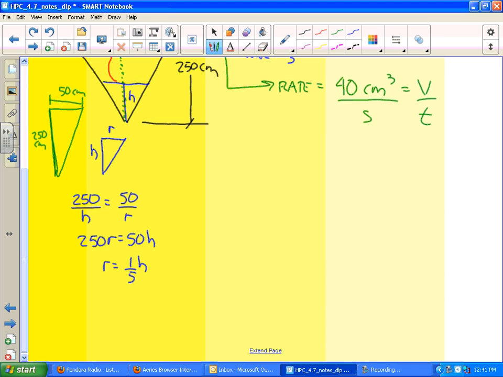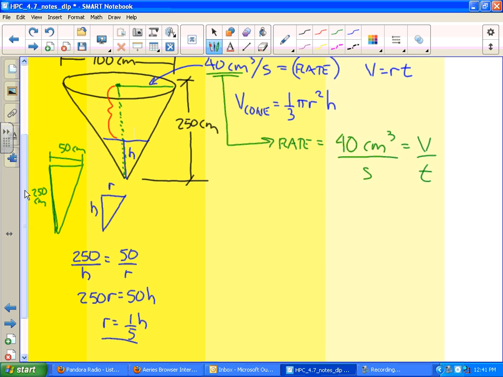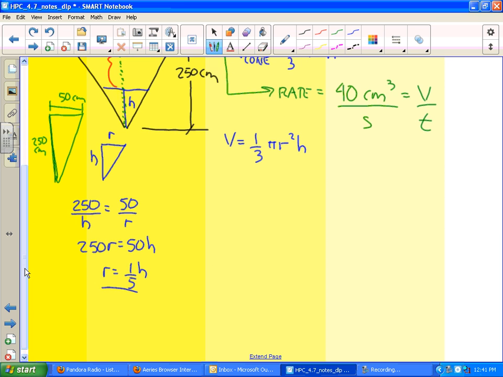All right. Now we know what r is, and it's starting to come together. We look at our volume, which is equal to 1/3 pi r squared h, and now we can replace r with 1/5 h. So now this is volume in terms of height. 1/3 pi times h over 5 squared times h.